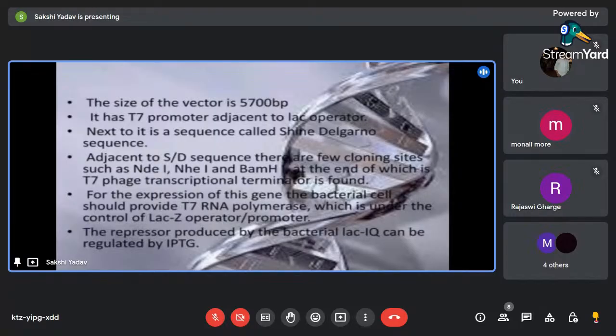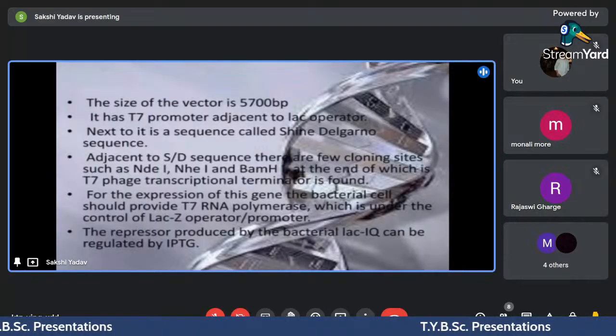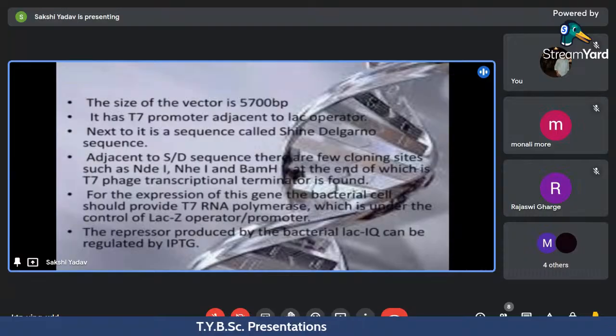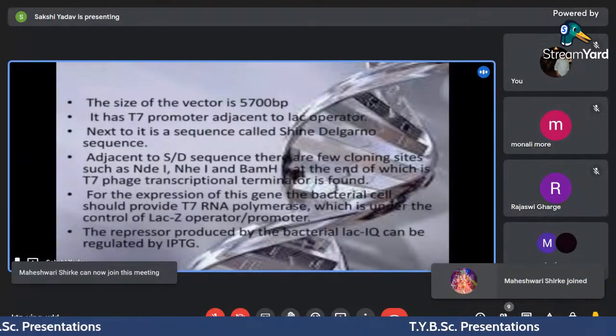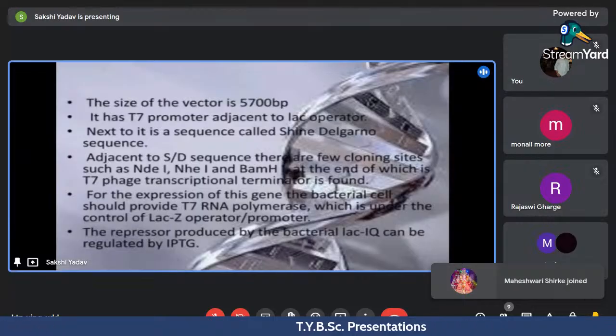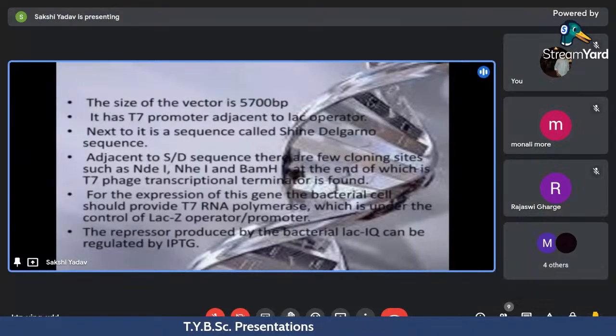Adjacent to the Shine-Dalgarno sequence, there are a few cloning sites such as NdeI, which is a type 2 restriction enzyme, and NheI and BamHI, which are type 2 restriction endonucleases, for recognition of short sequences and cleaving them at the target site. At the end of which a T7 fast transcriptional terminator is found.